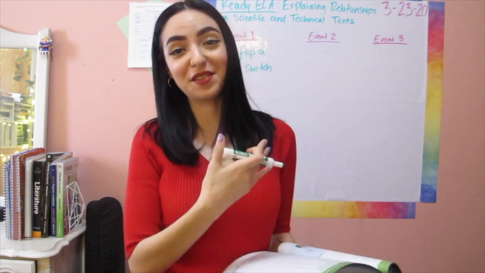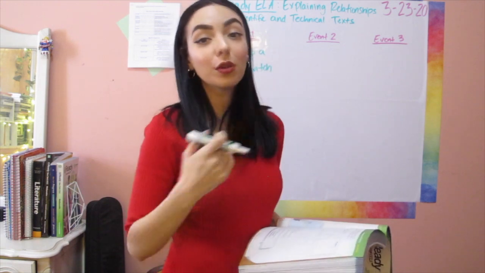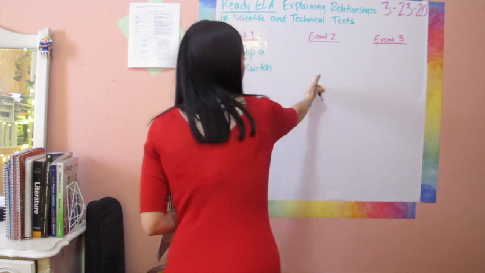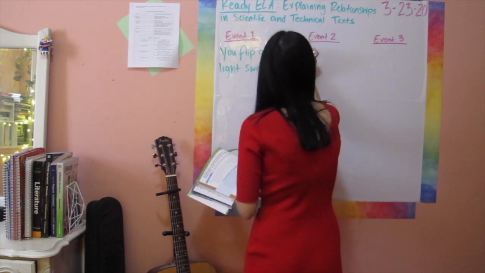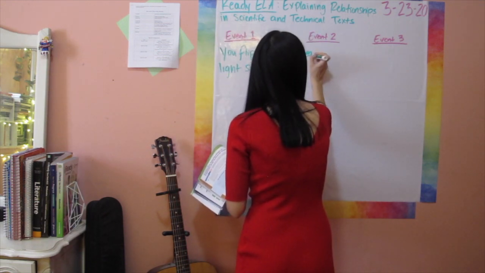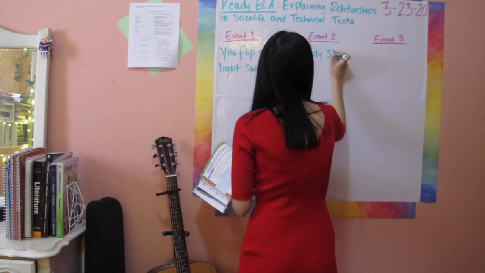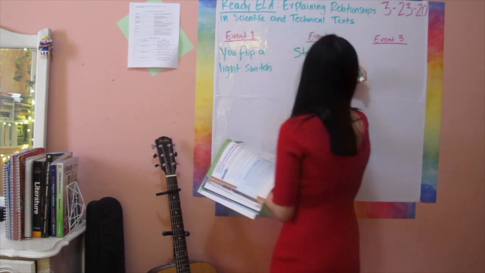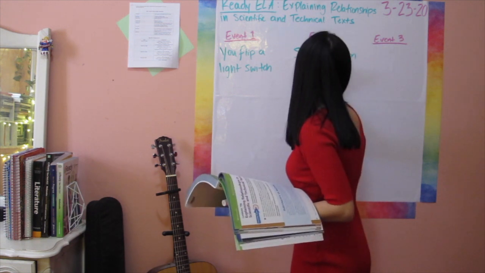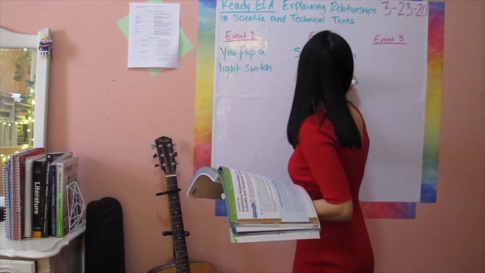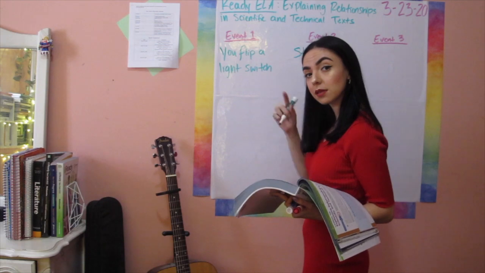This is the part where I will call on you guys and you give me the answers, so I'm going to have to give you the answers for this. But I want you trying though. So, event 2 should be a steady stream of electrons, which we know are a subatomic particle inside an atom, and it's the smallest particle.